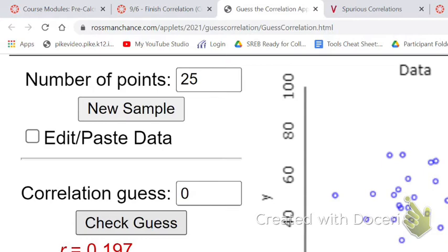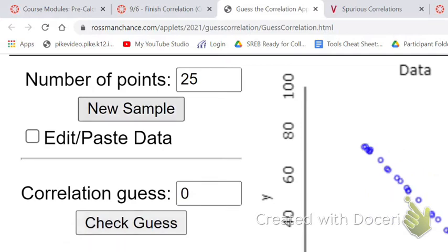Let's try another one. What is your guess for the correlation value, the R value? Jot your guess down. Yes, ma'am. How do you know if it's negative or positive? Good question.